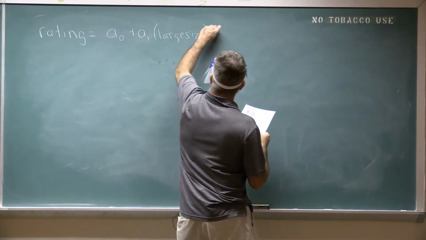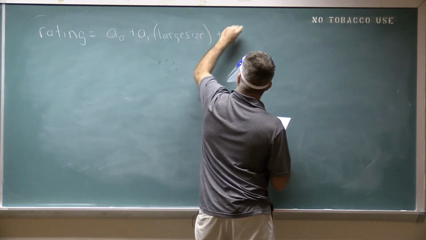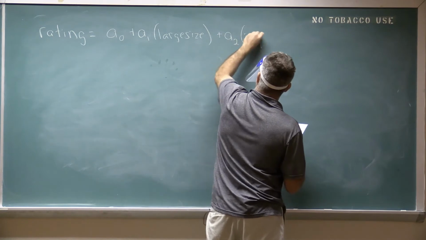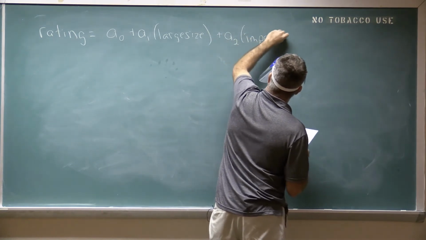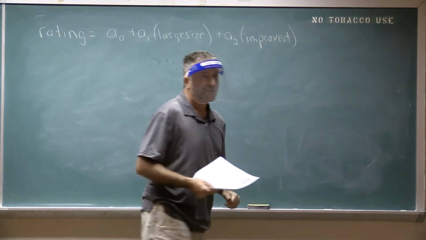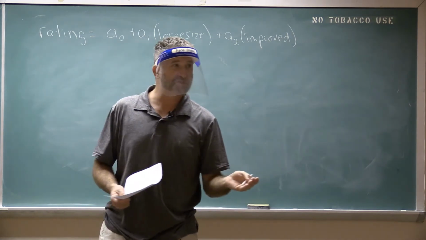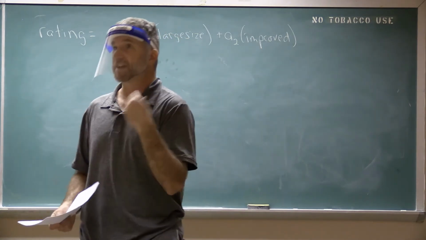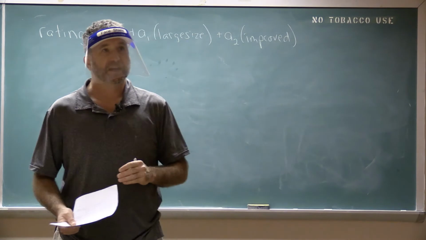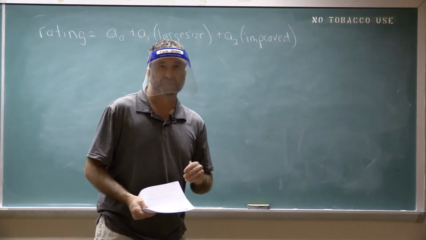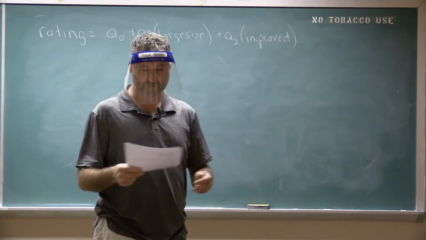We have a variable for improved. This equals 1 if it's an improved variety. Remember, that's the clones. And it equals 0 if it's just a native variety, when you just grow them from seeds.